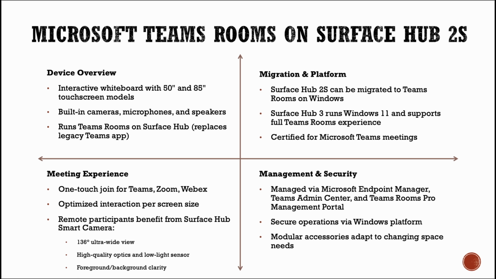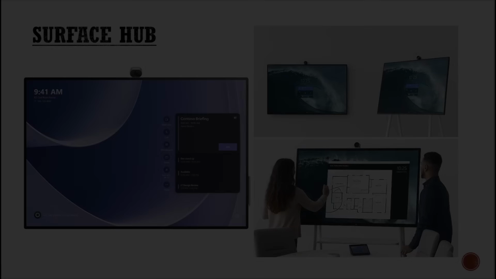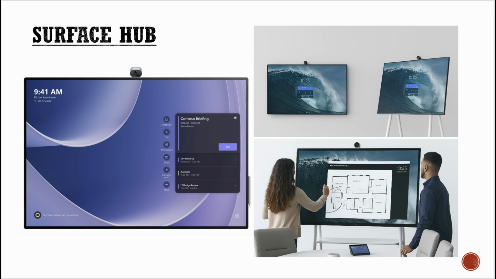Now let's explore how Microsoft Teams Rooms work on Surface Hub 2S, a powerful collaboration device that blends interactive whiteboarding with enterprise-grade meeting capability. Surface Hub 2S comes in 50-inch and 85-inch touchscreen models with built-in cameras, microphones, and speakers.